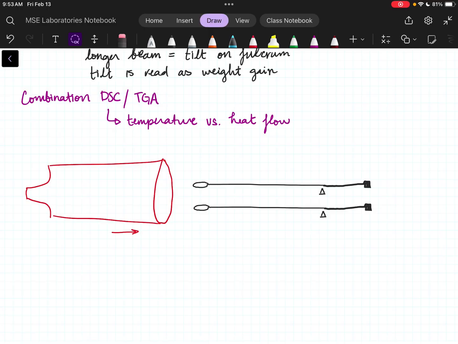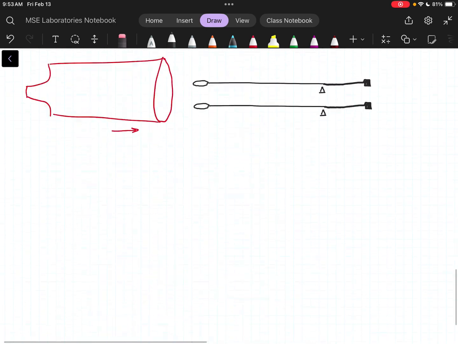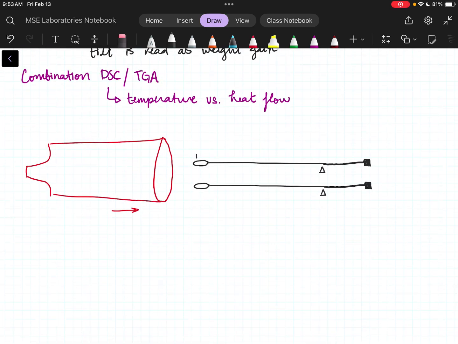What I'm talking about there is when ice melts, that is an endothermic reaction, meaning heat is flowing into the ice to turn it into water. And that is a temperature-driven reaction. So that's when I say temperature versus heat flow. I'm talking endothermic, exothermic reactions, plus some other expanded stuff. But DSC is really great at looking at things that absorb or release heat.